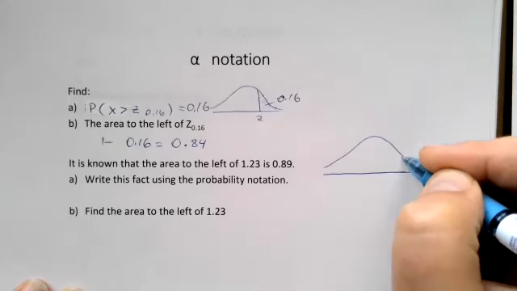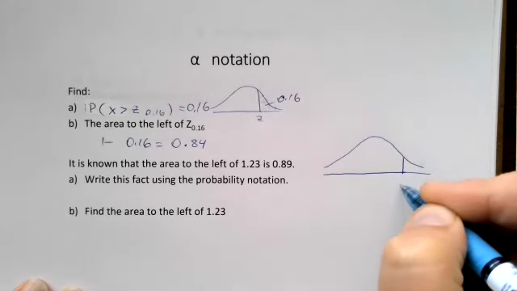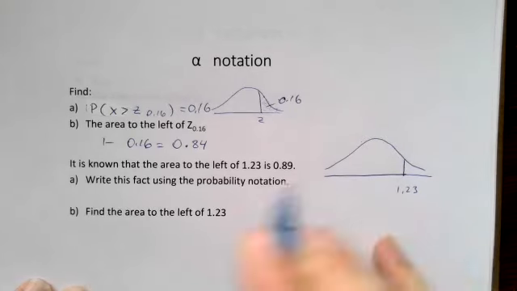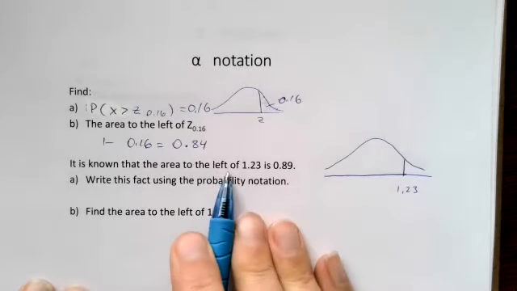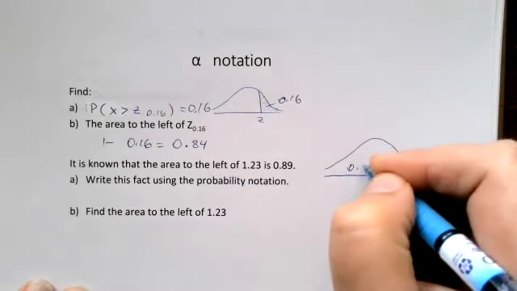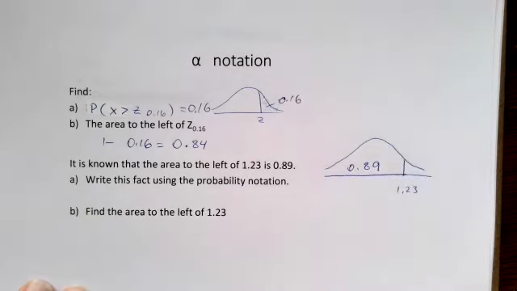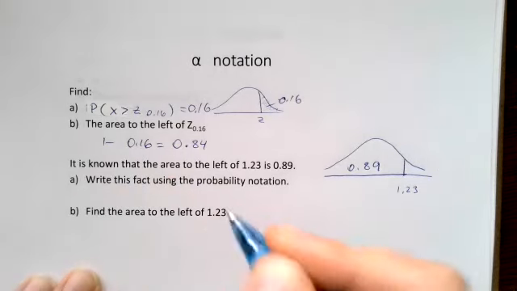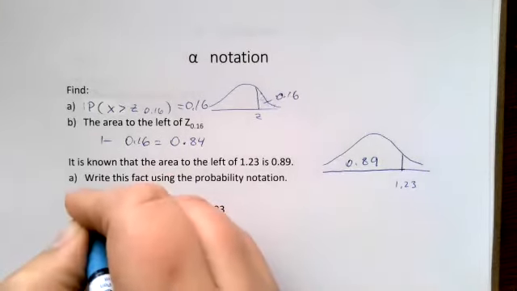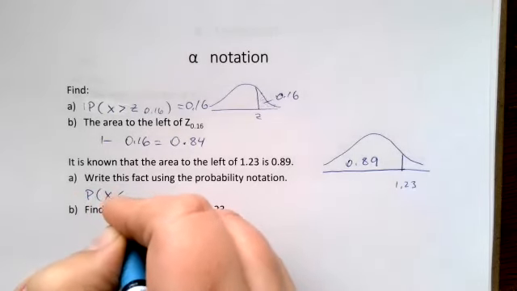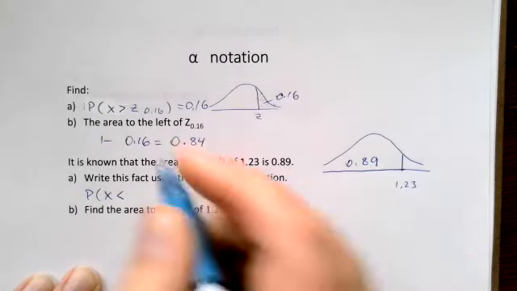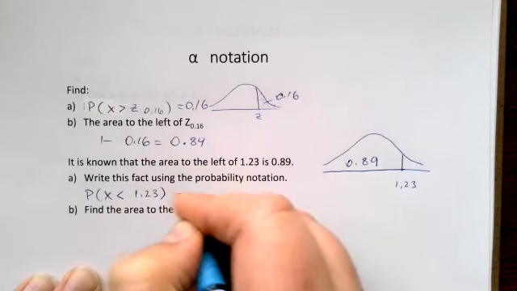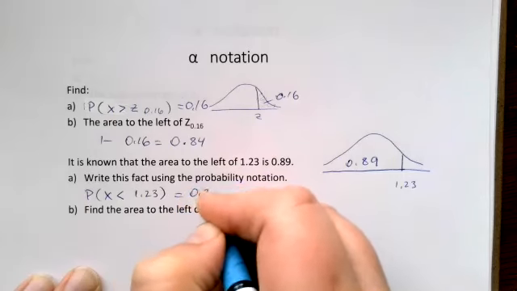So we have a value of z, which is 1.23 right here, and the area to the left of it is 0.89. So the probability that x is to the left of the z, 1.23, is 0.89.